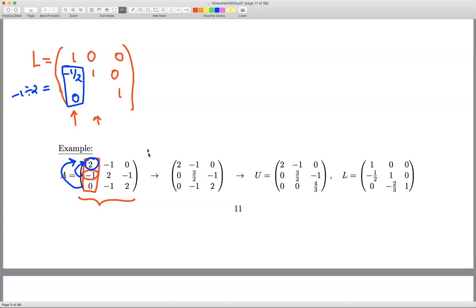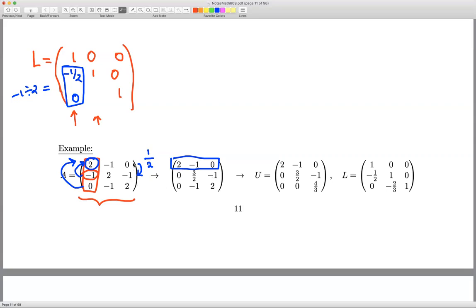So what do we do? We multiply the first row by 1/2 and add it to the second row, and we keep the first row as is. Then we know that when we do that, this element will be 0. Minus 1 times 1/2 plus 2 will give us 2 minus a half, which is 3/2. And then a half times 0 minus 1 will give us minus 1.